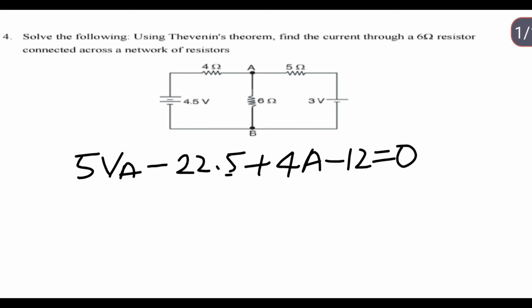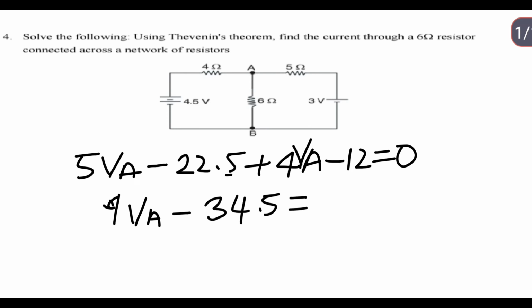Separating the terms, finally 9VA, and the 22.5 and 12 are negative, so you get 34.5 on the other side. 9VA is equal to 34.5.